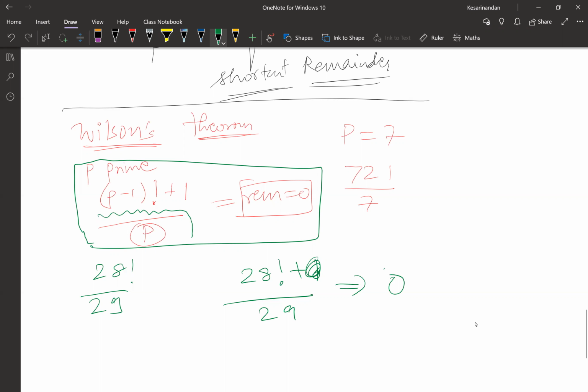Yes. So will the remainder be minus 1? Yes or no, guys? Yes, it will be minus 1. Then whenever faced with such a case, you add this number to this. Minus 1 plus 29 and your remainder would be 28.